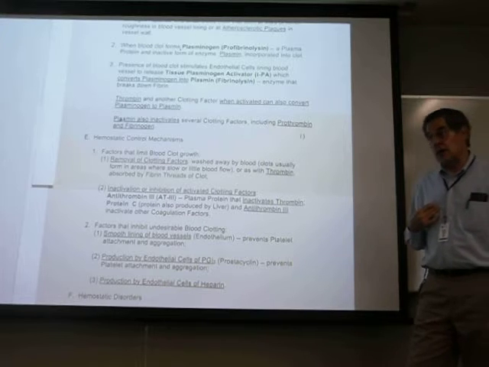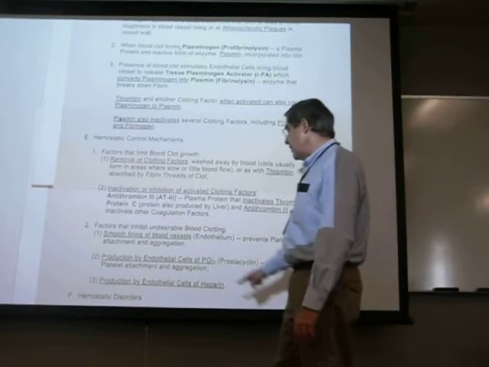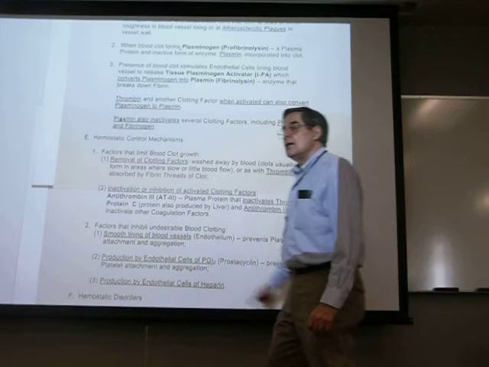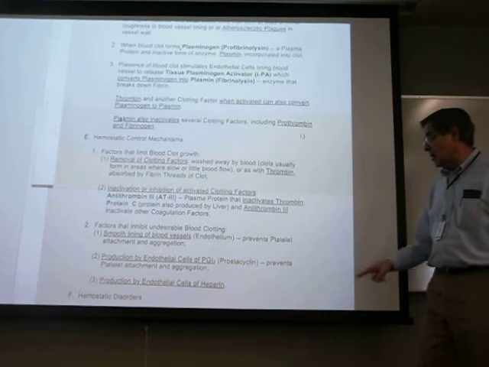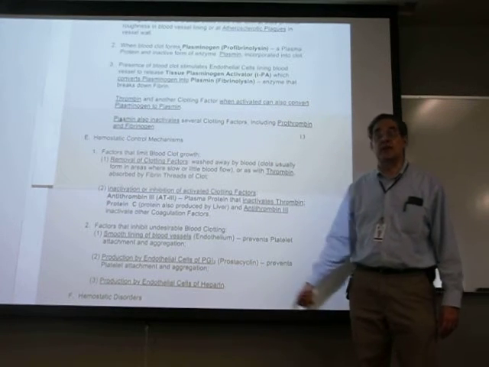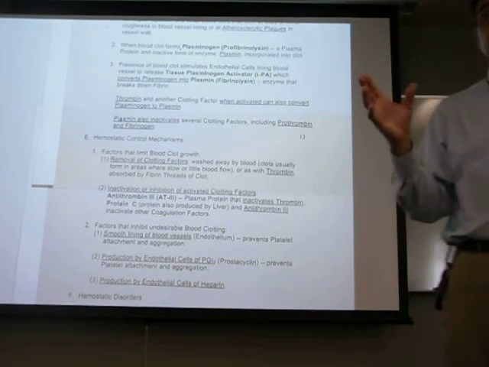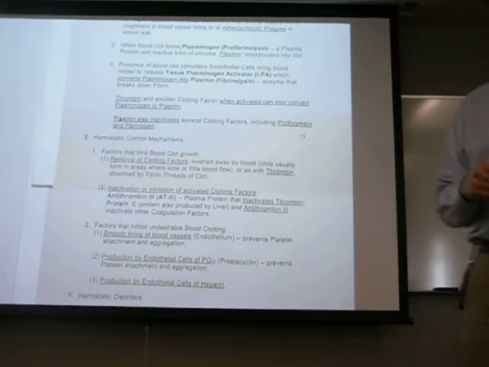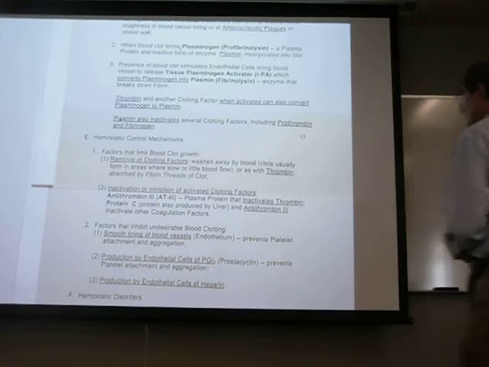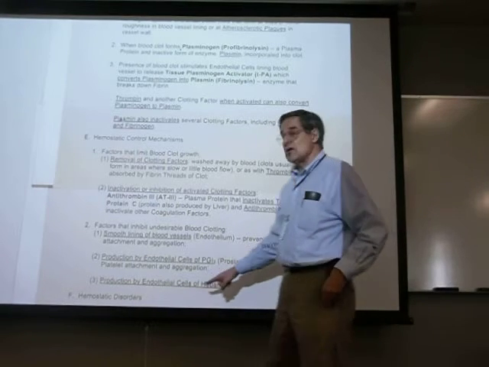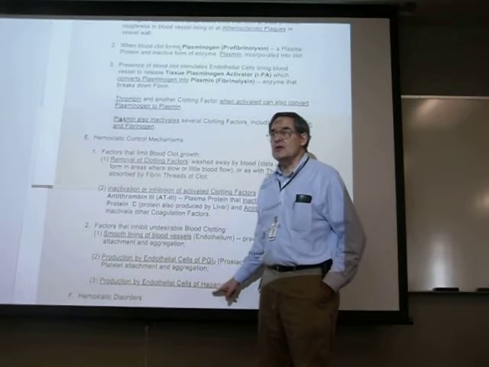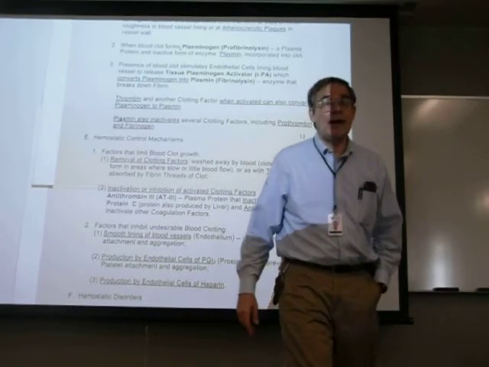not enough to cause the blood to flow out, but enough to activate platelets and bring about blood clotting. Another thing is production by the endothelial cells, which I mentioned before, of prostacyclin, PGI2. That's what limits platelet clot formation. If you can limit the activation of platelets, you can limit blood clot formation as well. And third, endothelial cells actually can and do secrete heparin, which is an anticoagulant.